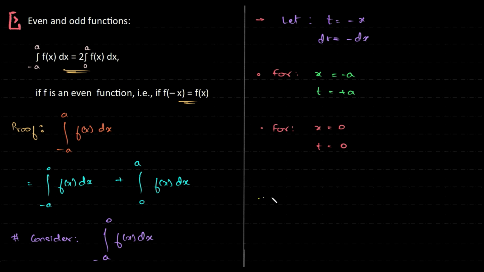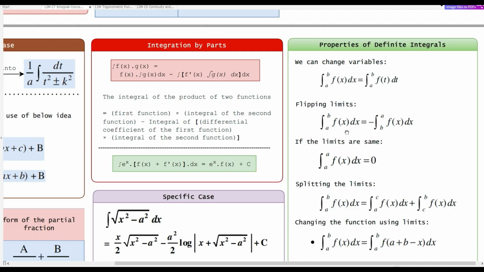Now, therefore, your integration will look like the integral from a to 0 of f of minus t and minus dt. Correct? So this I can rewrite as 0 to a using the negative. The second property, property 1 actually, this is property 0 and this is property 1.